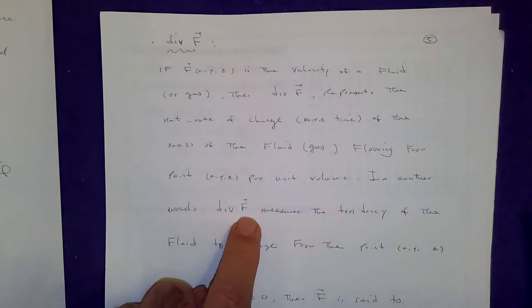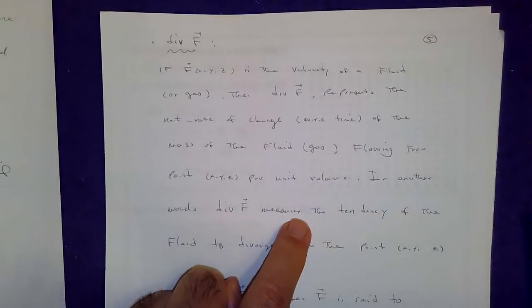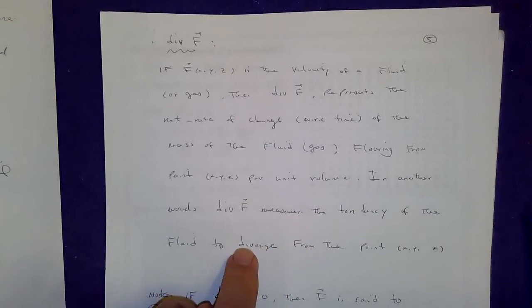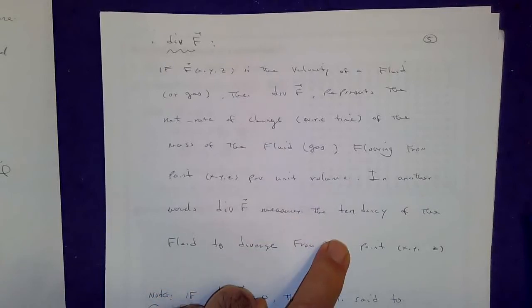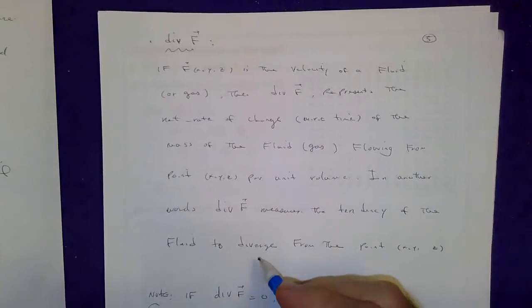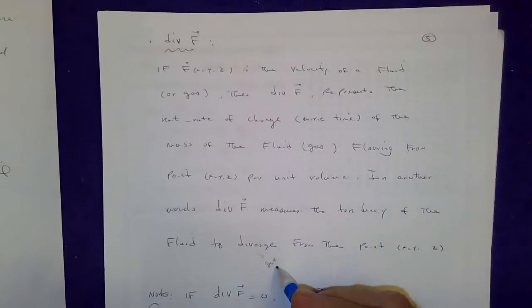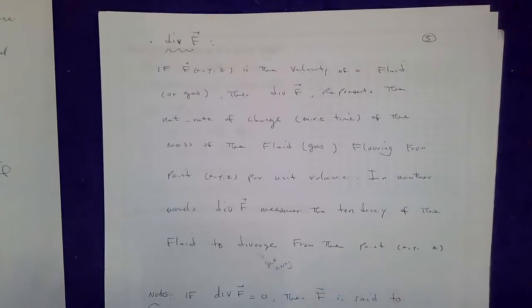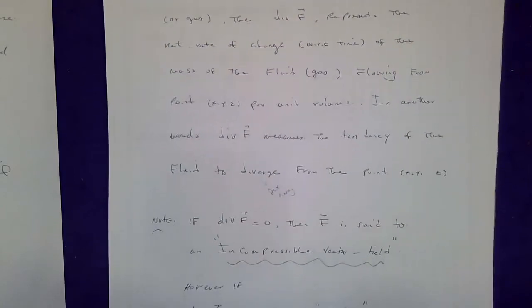In other words, divergence of F measures the tendency of the fluid to diverge from a point. Diverge means what? To get away from a point. That's what divergence is.